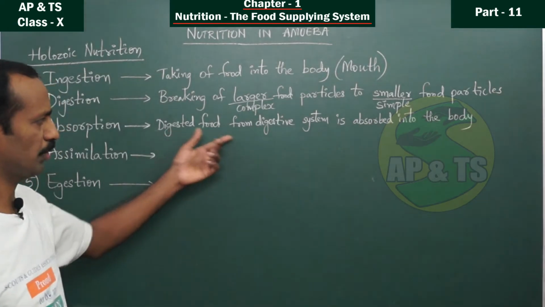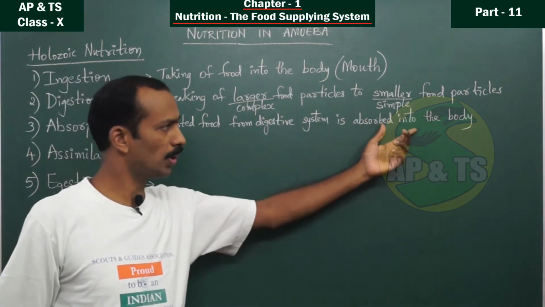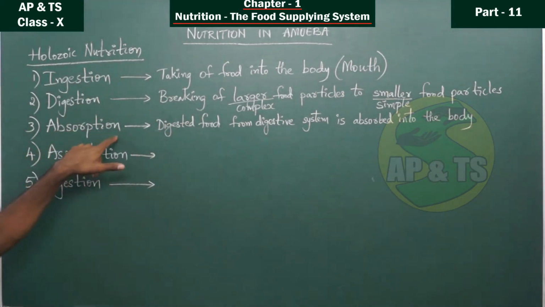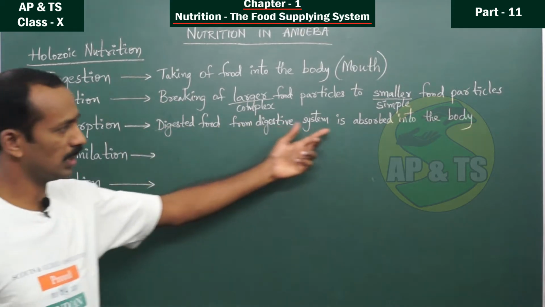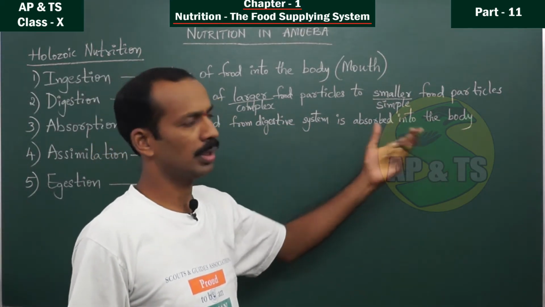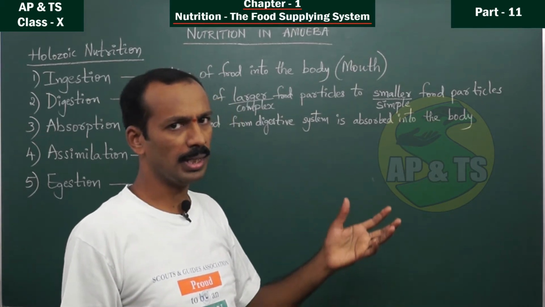The digested food from digestive system is absorbed into the body. That is called as absorption. Okay, how the food is absorbed into the body? If we take example of human beings, the blood absorbs the digested food from the intestines.